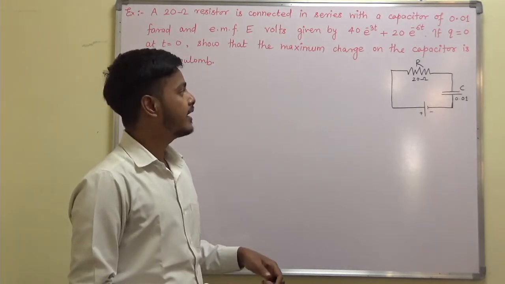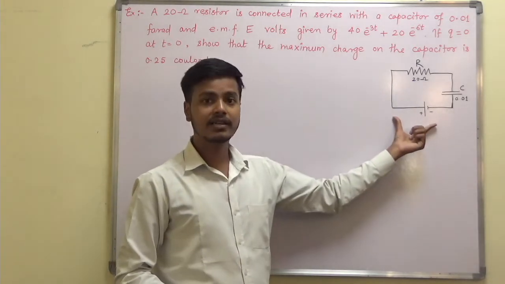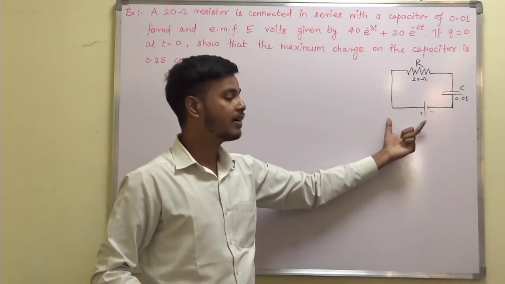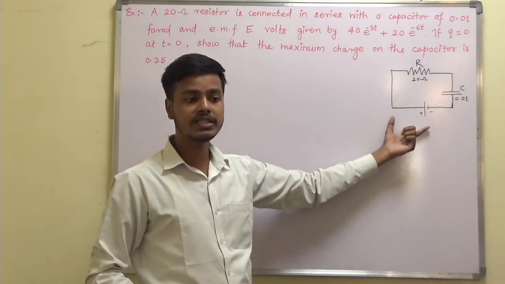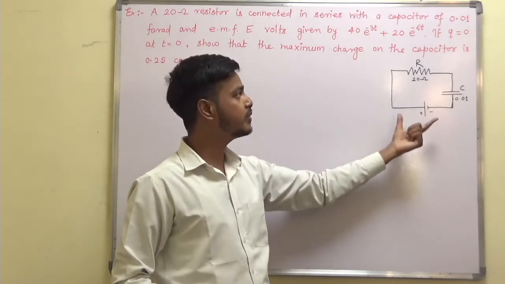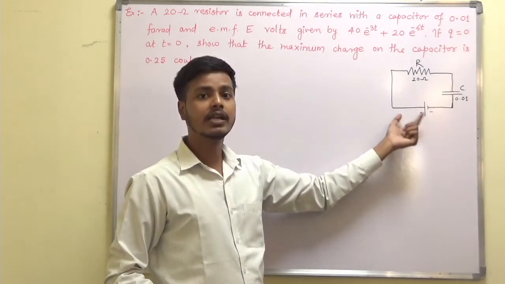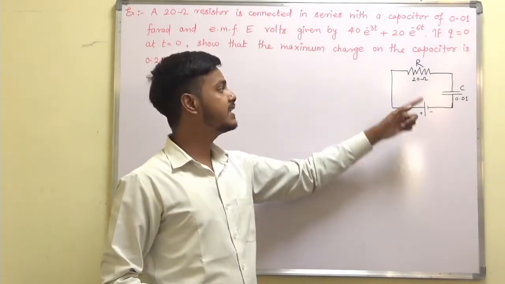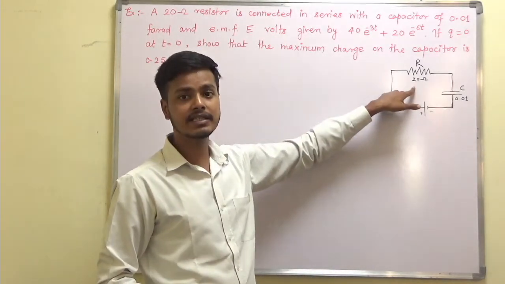Now, what I have done is, just read the question, try to draw the circuit, and then with the help of this write down the circuit equation. So what would be the circuit equation for this? A resistor is connected in series with a capacitor.